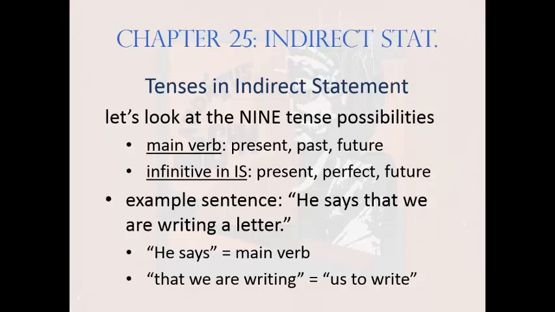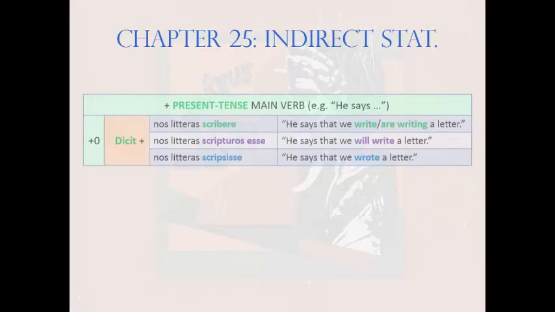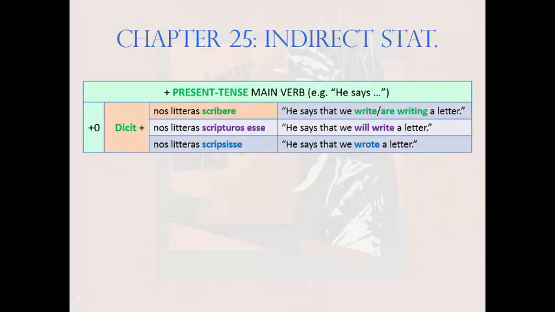In this case, he says us to write. Dicit, he says, nos litteras scribere, literally, us to write a letter. In English idiom, that would be, he says that we write or are writing a letter.